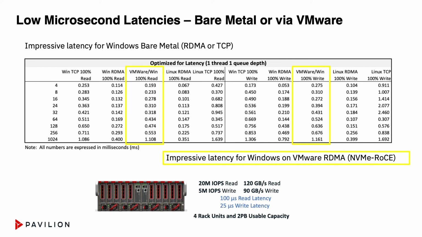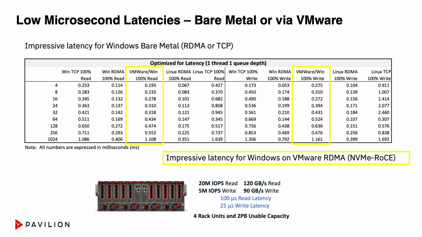So we have demonstrated through this table the disk speed on Windows with a single Windows host and a single NIC. Some very impressive latency, whether that's Windows bare metal, the first two columns, Windows TCP and Windows RDMA, the read, and then the first two columns on the right.